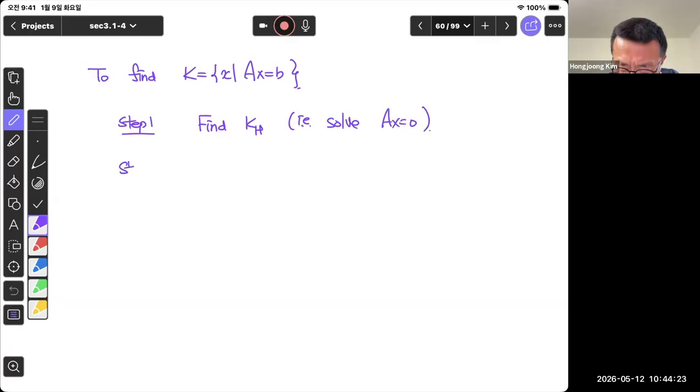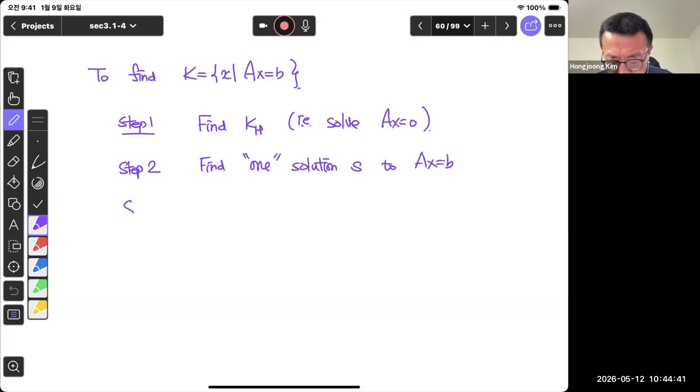Step 2, find just one solution S for the AX equals B problem.